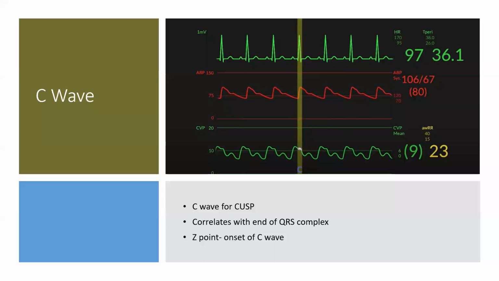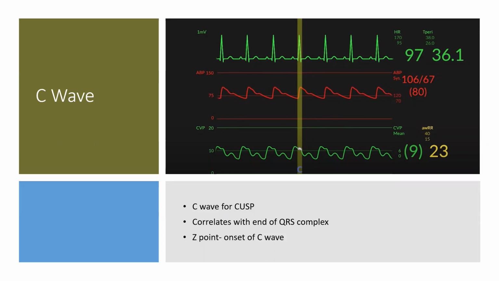If the C wave is not visible, then we would measure it at the X descent, which is something that we're going to discuss later on. Now, there's also a term called Z point. The Z point is merely the beginning or the onset of the C wave.